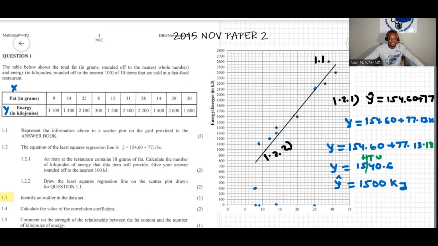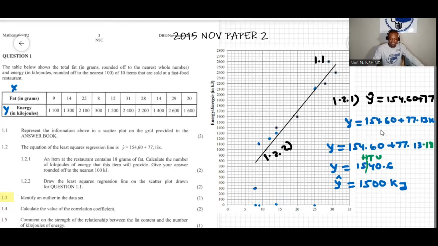Now we're going to do question 1.3 that says identify an outlier in the data set. Well, first of all, what is an outlier? An outlier is a value that lies an abnormal distance from other values in the sample population.